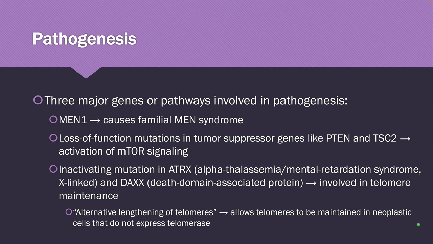And you may have inactivating mutations in ATRX and DAXX. Those two genes are involved in telomere maintenance. So, ang nangyayari is that there is alternative lengthening of the telomeres kapag meron kang mutations in these two genes.